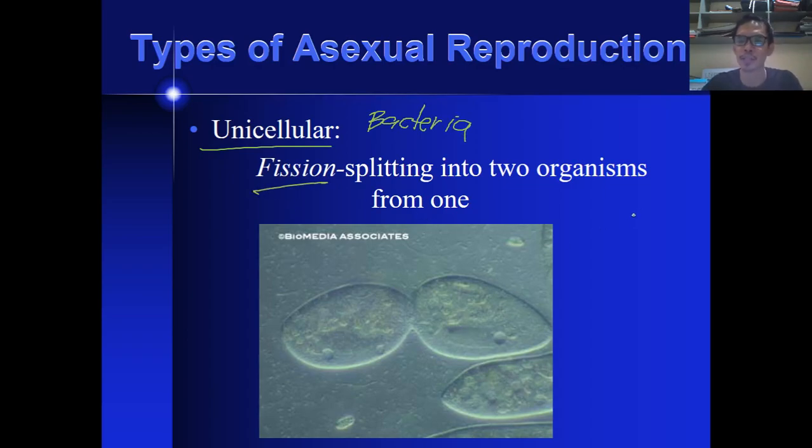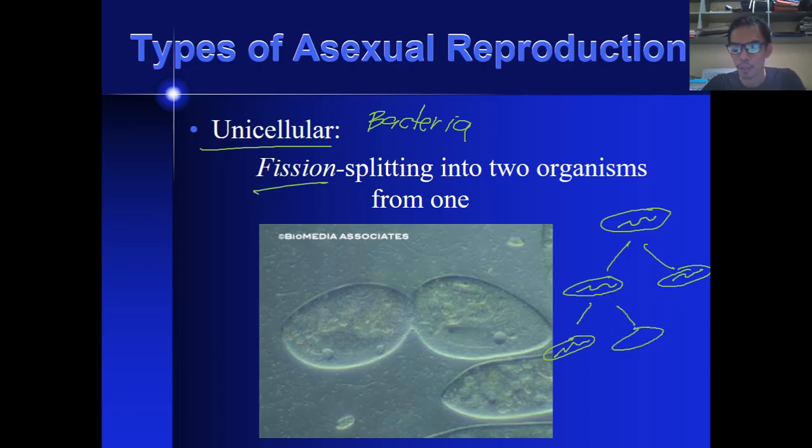If this is the bacteria and this is its chromosome, it just splits itself into two. Then the two will further divide again into two. So in a few moments, we now have four bacteria over here.